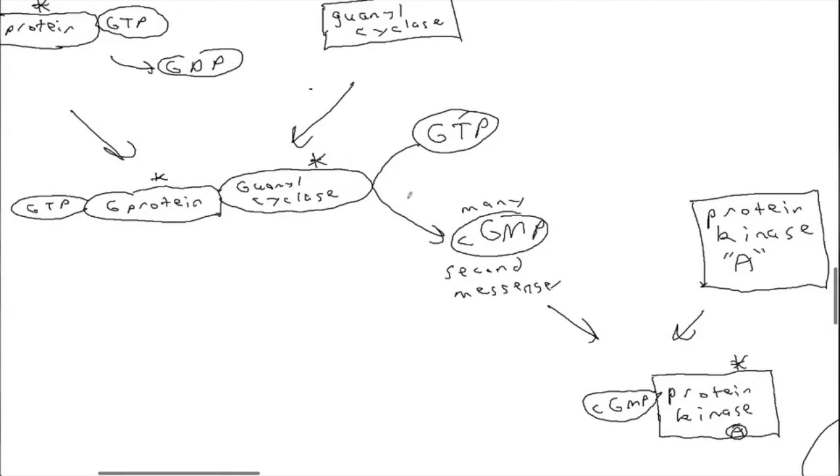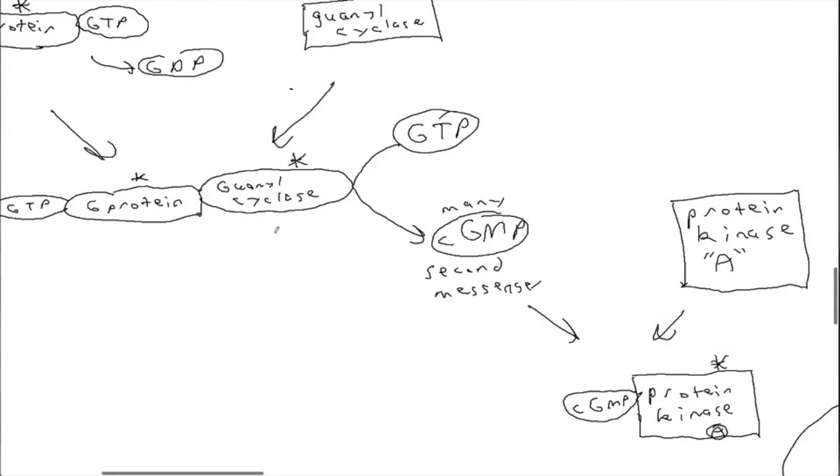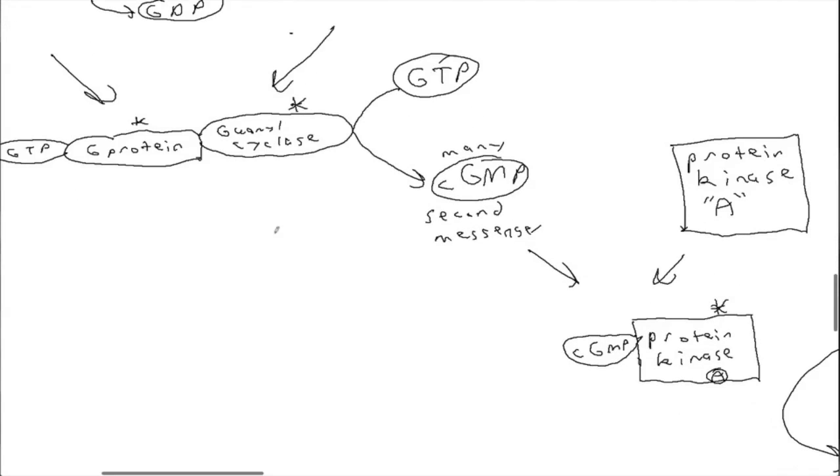Good. So then what? Okay, that actually isn't quite right. I don't think I quite explained what was happening here. The guanyl cyclase will transform GTP into cyclic GMP. The GTP will be briefly attached to the guanyl cyclase, and while it's attached, it will turn into cyclic GMP, and then it'll be released.